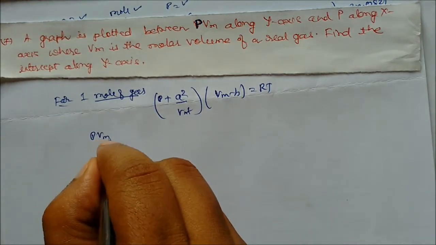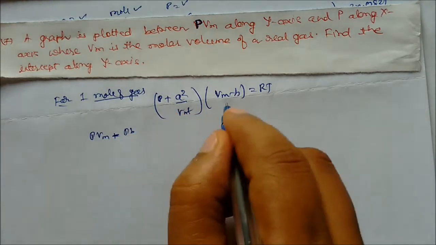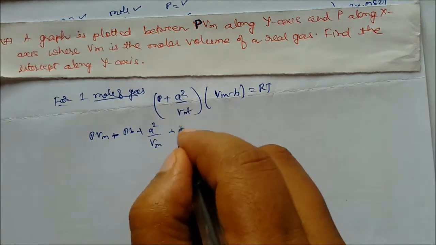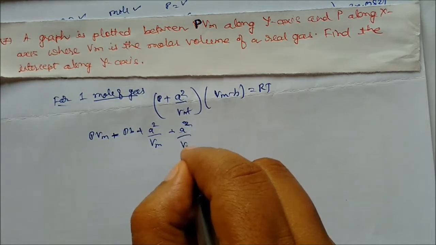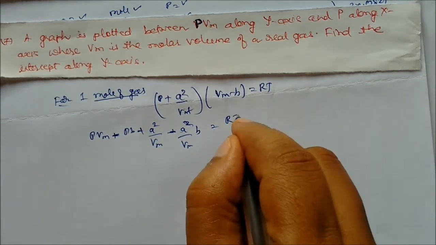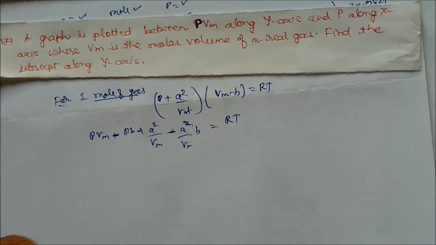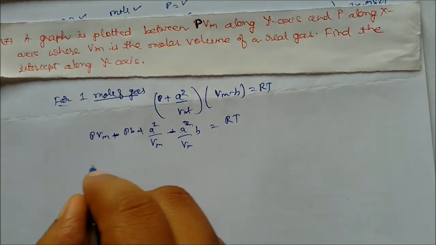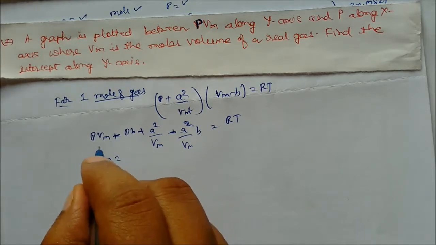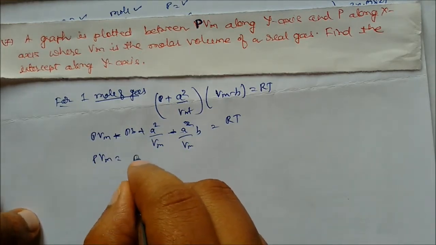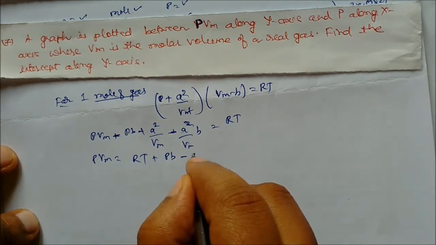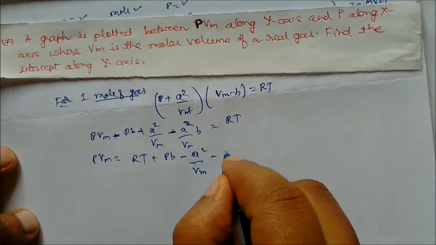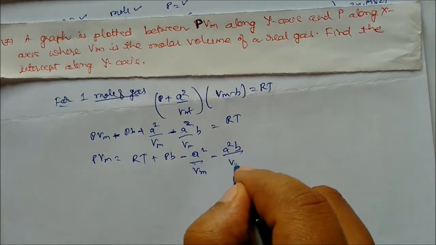If you multiply it out, we get PVm minus Pb plus a over Vm minus ab over Vm squared equals RT. Writing this separately, PVm equals RT plus Pb, minus a over Vm plus ab over Vm squared.